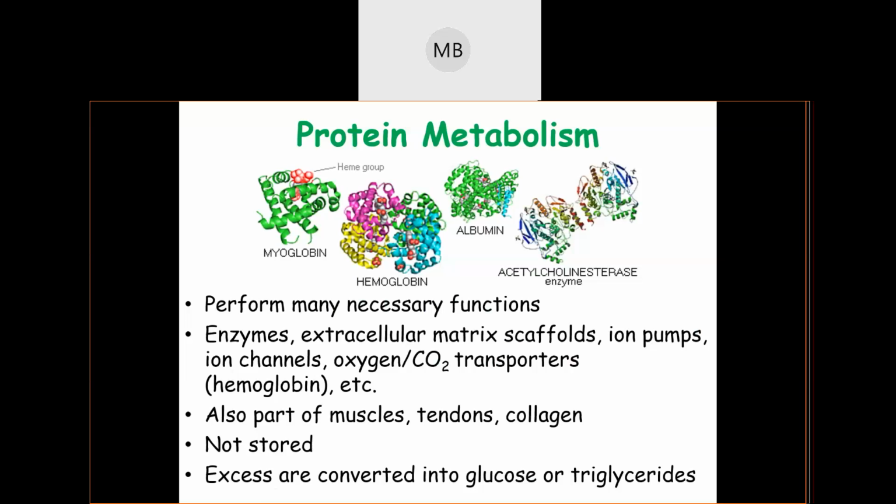Your body kind of uses an all or none rule as far as amino acids go. Amino acids must be present for a protein to be made, because the amino acids are the building blocks of proteins, and if you are missing an amino acid, it's missing a piece like a puzzle and it can't be built. Right? So that means you have to have all of your amino acids available in order to make a protein.